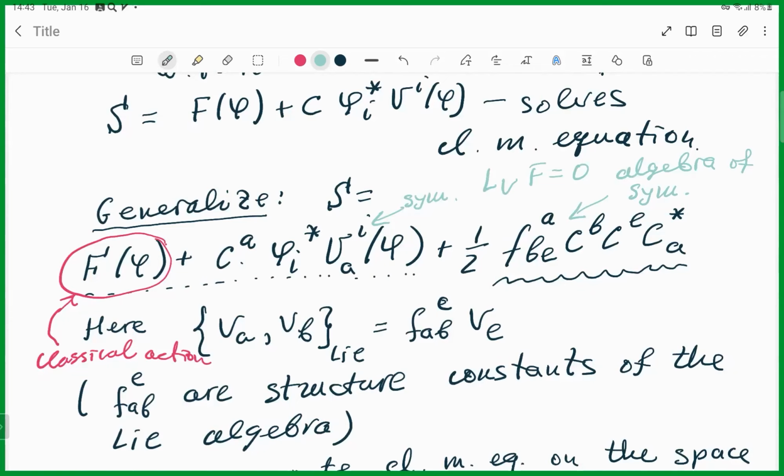BRST is about gauge invariance, right? I'm still a bit confused. Okay, so what I'm trying to explain here is something that is deeper than BRST.